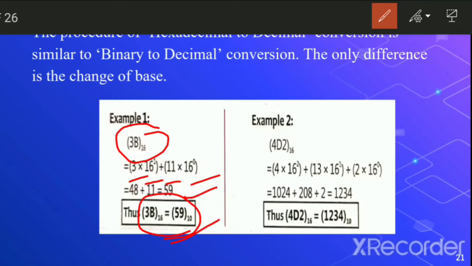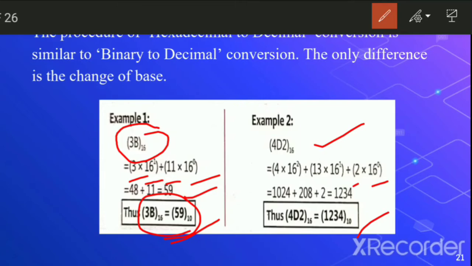We are taking another example, that is we have to convert 4D2 hexadecimal number into decimal number system. Again we'll start from the right hand side with 16 raised to power 0. So 2 into 16 raised to power 0. When we move to the left side, we multiply the digits by the increasing power of 16.